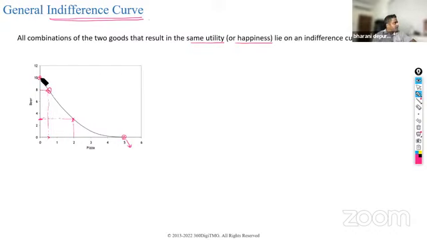The point is, whichever point you choose on this black curve, you'll have equal happiness. There won't be any difference in your happiness. Since there is not going to be any difference in your happiness, it is called as indifference curve.